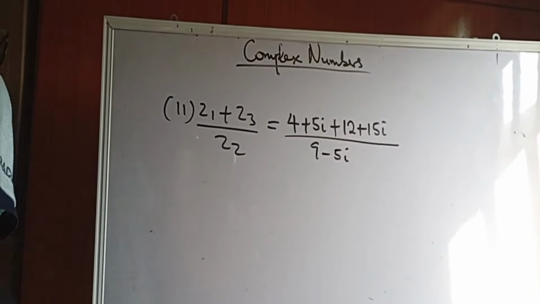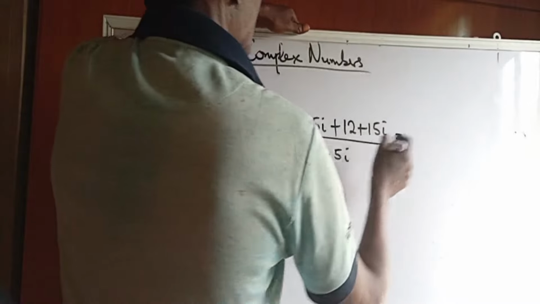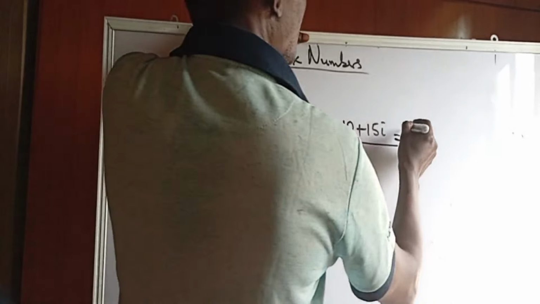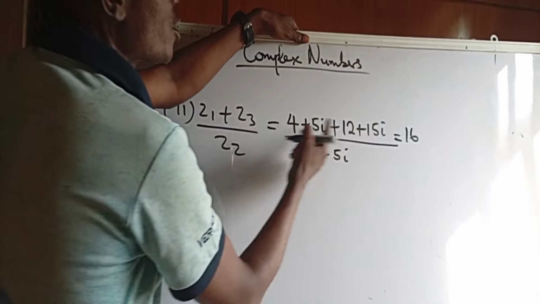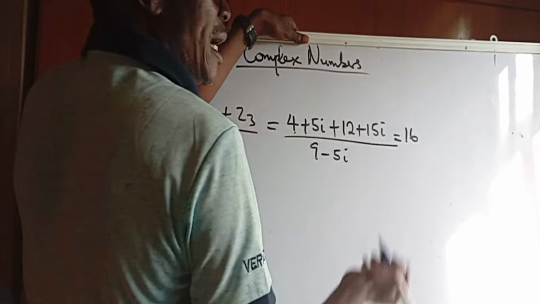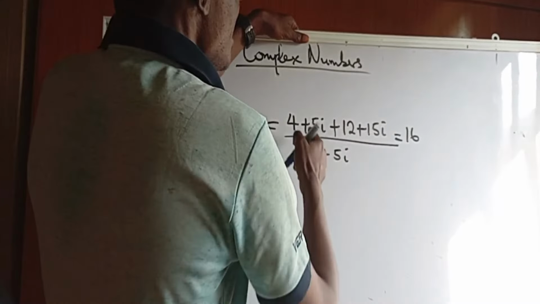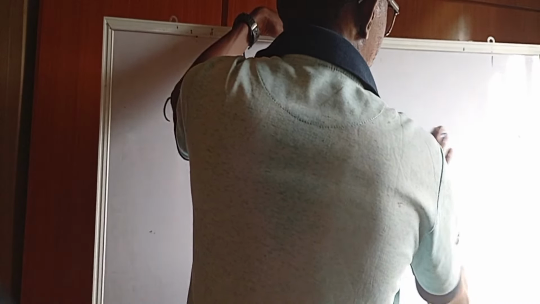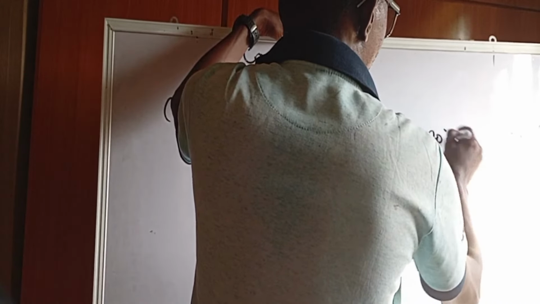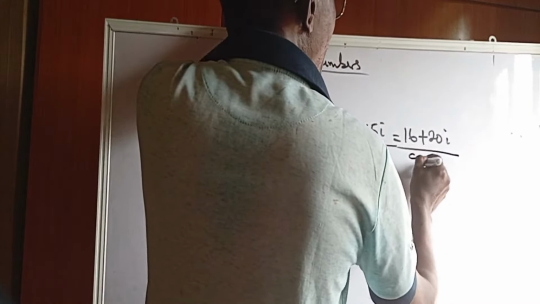Okay. So now let's collect like terms. 4 plus 12, 16. We are adding. I hope you understand. 4 plus 12, because they are real numbers. They are real parts. They don't have i. Then plus 5i plus 15i. That is plus 20i.